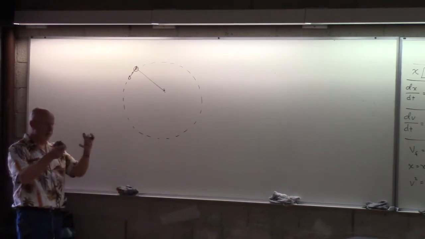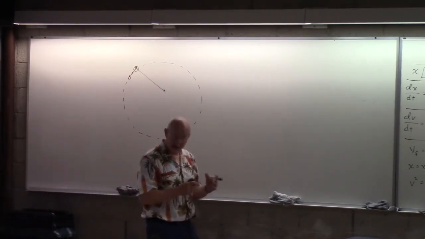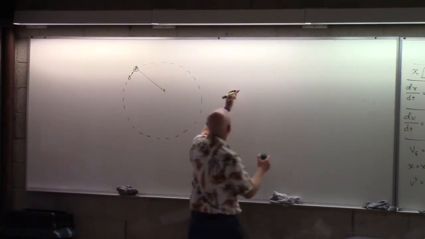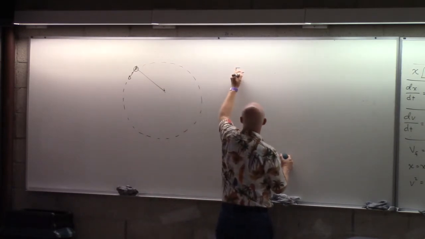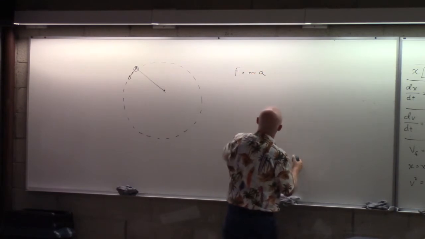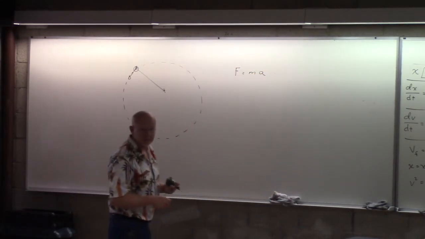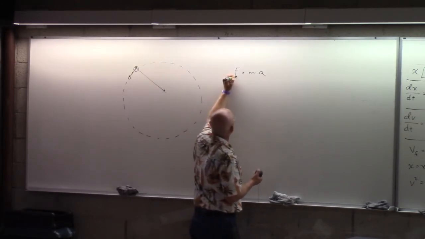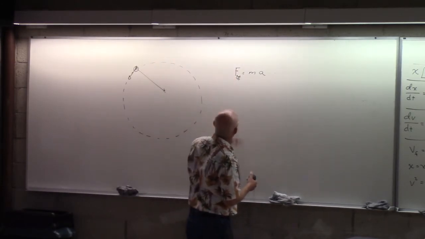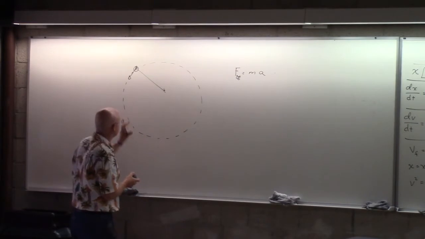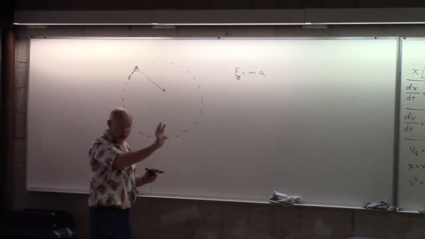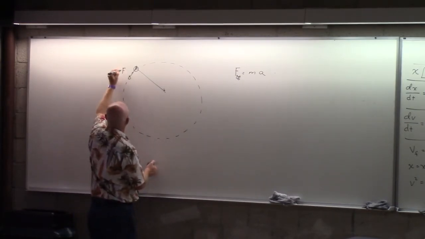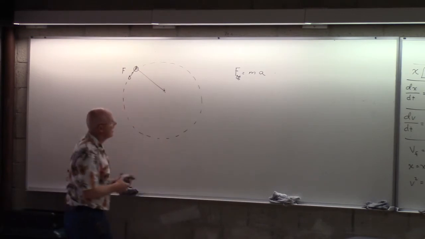Now, if we were in chapter 4, I would have thought of this as translational motion, right? I would have said, okay, I'm going to apply a force, and then that's going to result in an acceleration. I'll keep it simple and say the net force, but for our discussion, there's only going to be one force on it. I'm going to just kind of push it with my hand. Okay, so there's that force F.